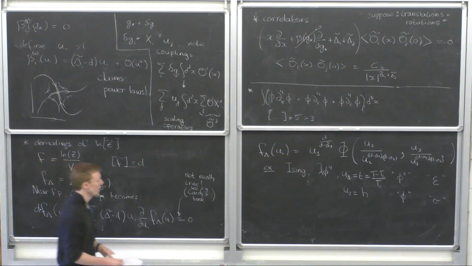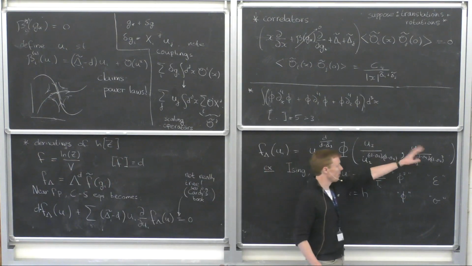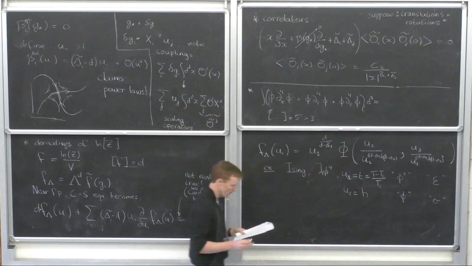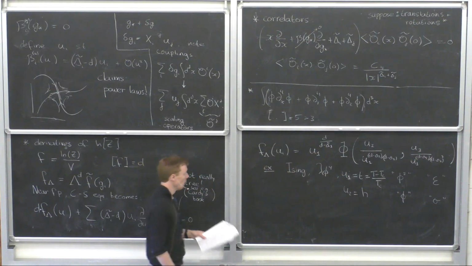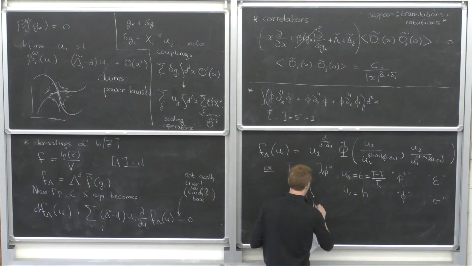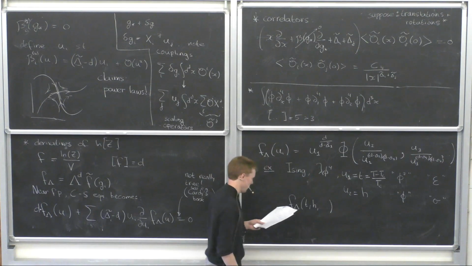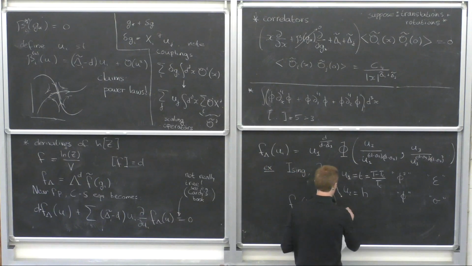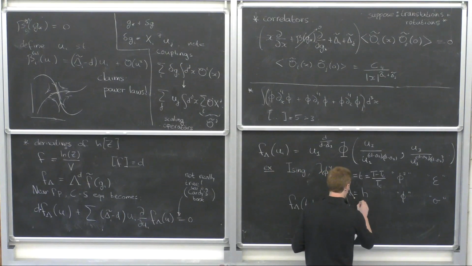So in Ising, there are two relevant operators, and then there are all the irrelevant operators, but at the fixed point they don't matter too much. Then you get that f_lambda of t and h, and all your irrelevant operators, is t to the power d over d minus delta epsilon.